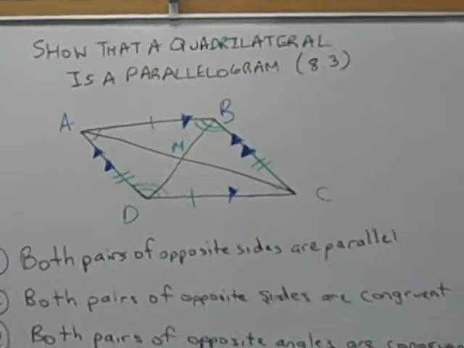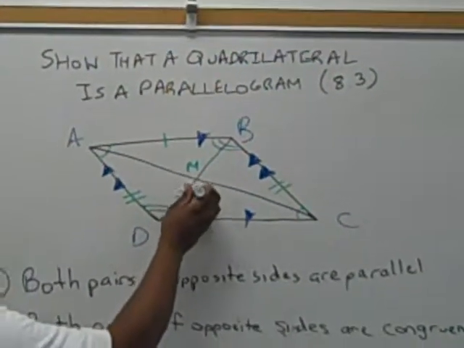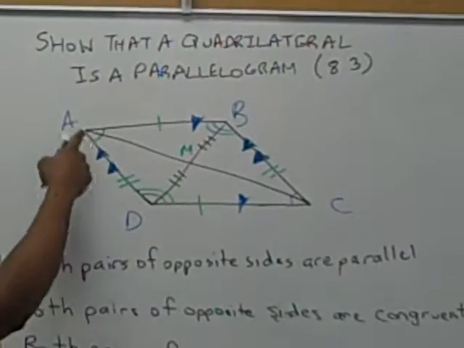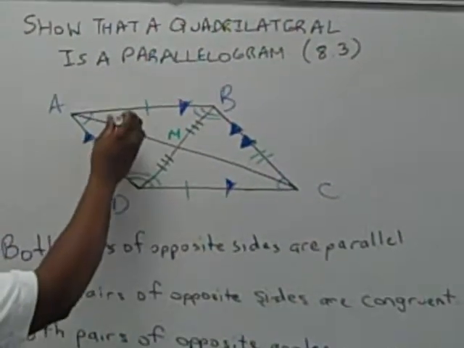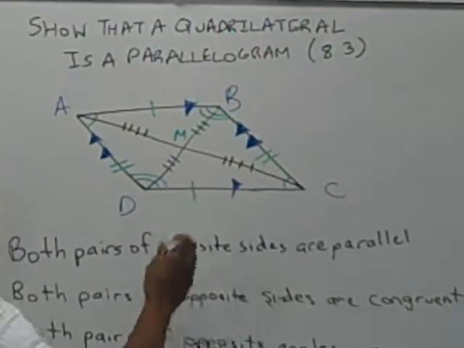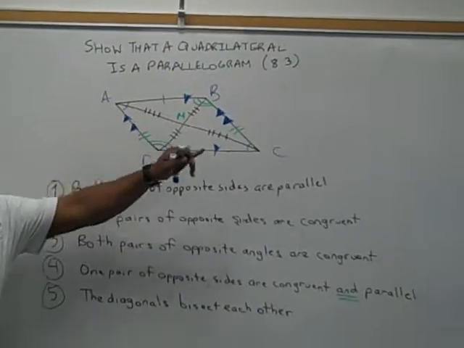All right, that's showing bisecting. So I'm going to go ahead and mark this 3 times to show that they're congruent. And from A to M and M to C, we'll mark that separately as well.